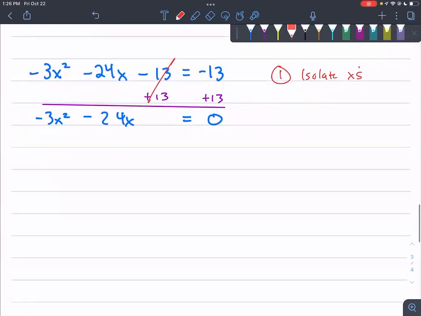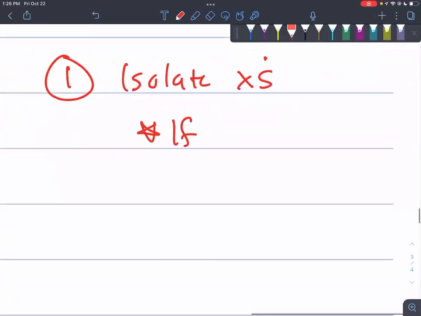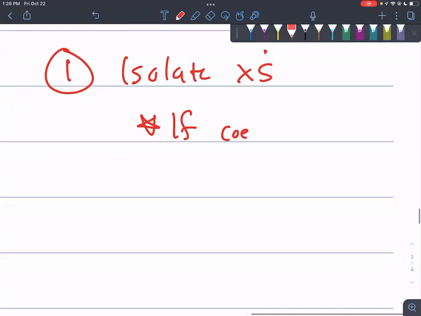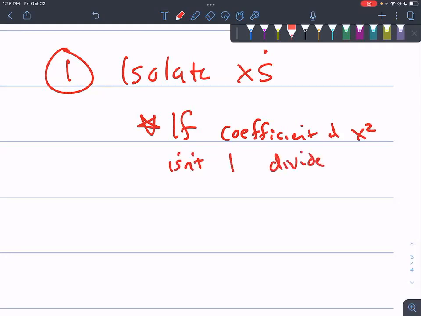So a little point on this one. Hopefully I don't lose you with all these words, but if the coefficient of x squared isn't 1, divide everything by it.